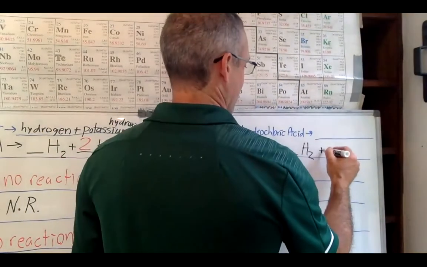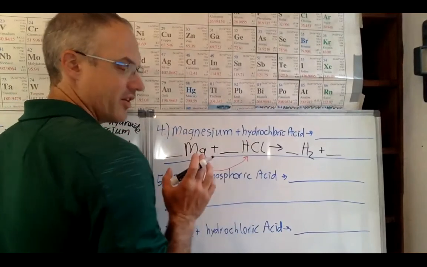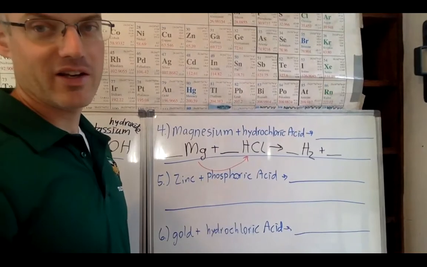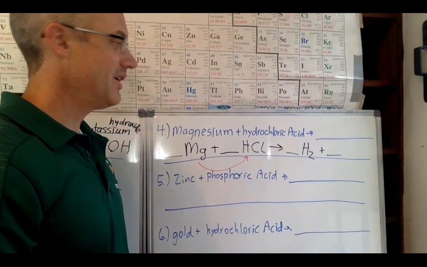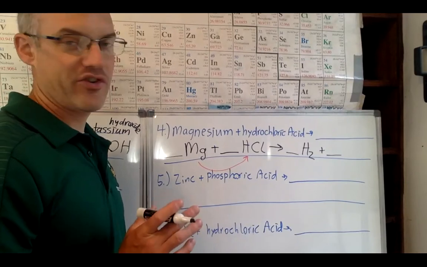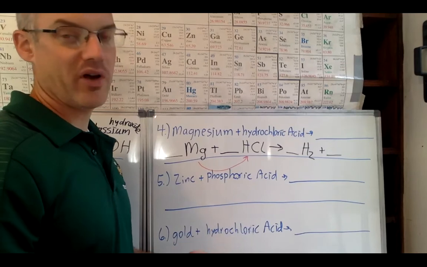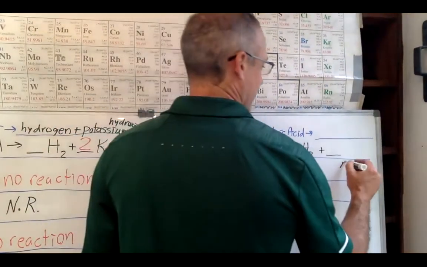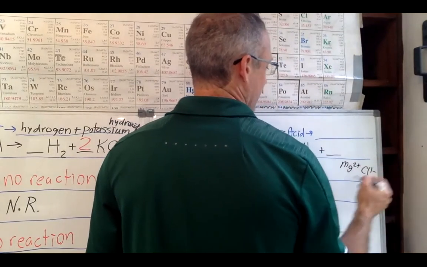And the leftover parts are the magnesium and the chlorine. Now here's kind of a tricky bit. If you remember from doing ionic compounds before, there are charges associated with the positive cations and the negative anions. So the way that works is Mg is a 2 plus and Cl is a 1 negative.